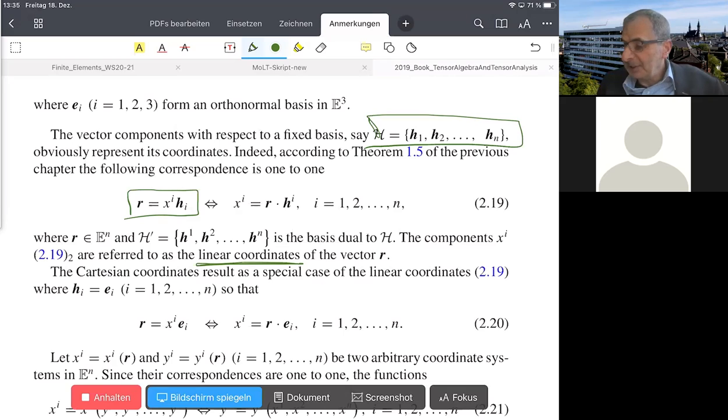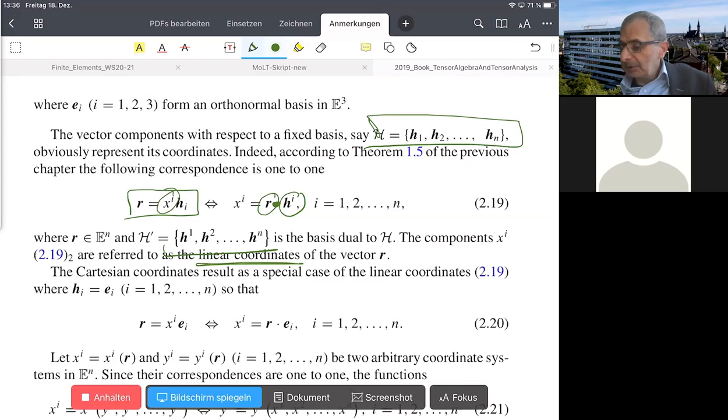If I have these values xi, I get, by means of this formula, this vector r, uniquely. Vice versa, if I know this vector r, I multiply it by the dual vectors, you see this h with index i above are dual vectors.